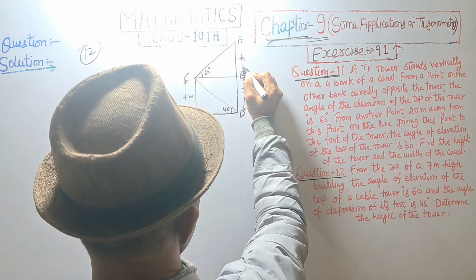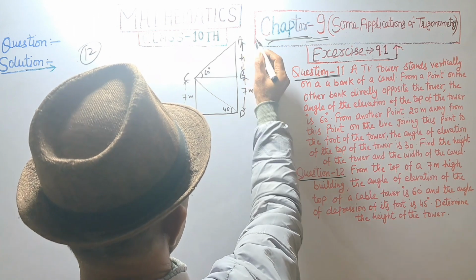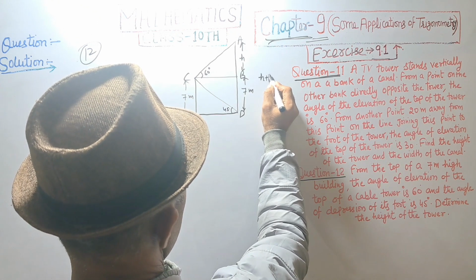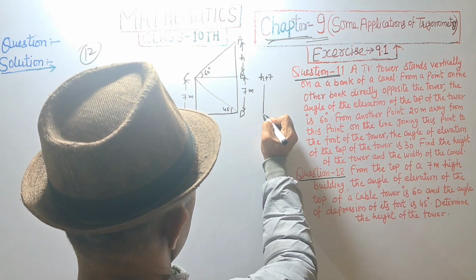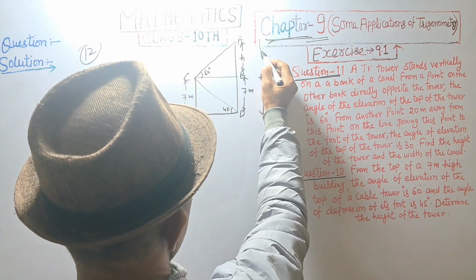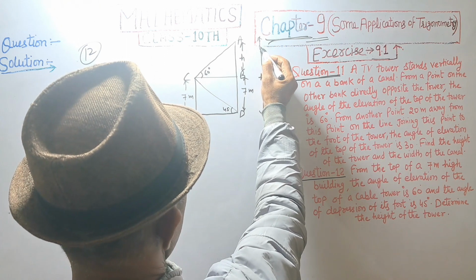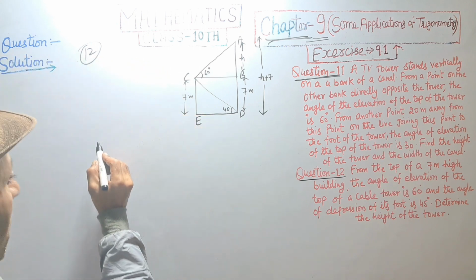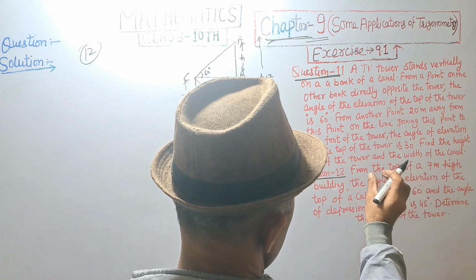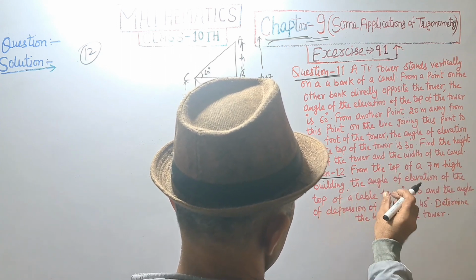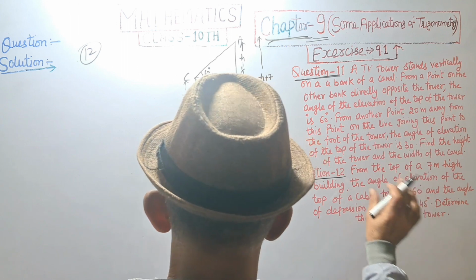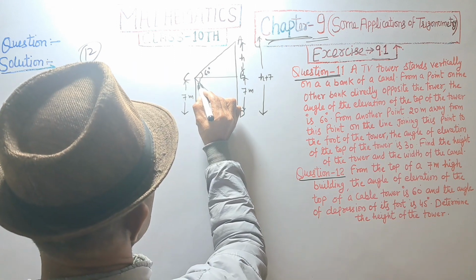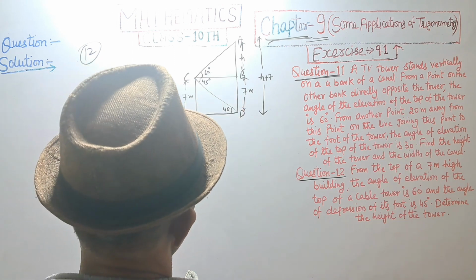H, and total height H plus 7. From the top of a 7-meter high building, the angle of elevation of the top of a cable tower is 60 degrees and the angle of depression is 45 degrees.